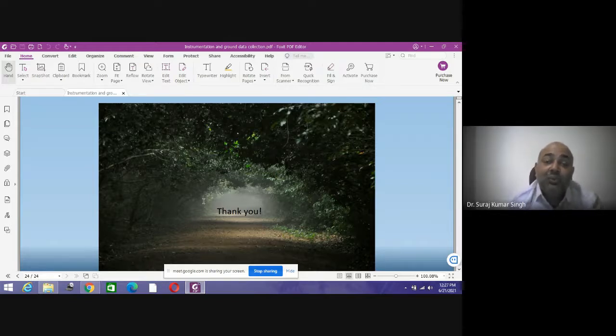So the more you visit the field, the more you work with various kinds of instruments, that will make you more confident, more smart, more handy in handling the data sets.